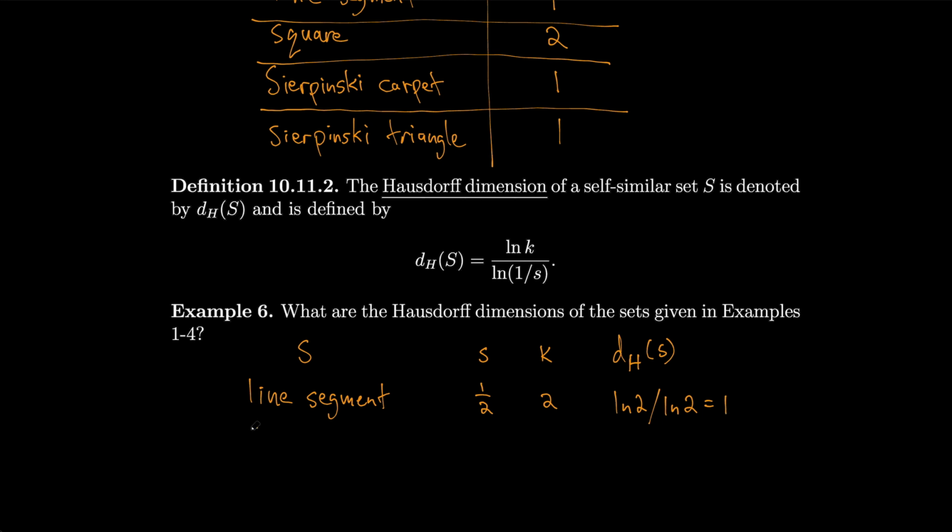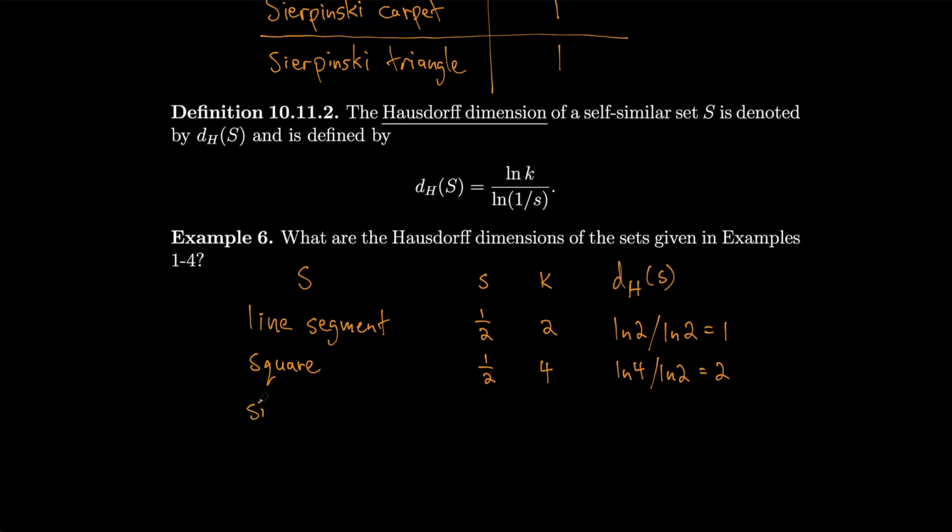Okay, how about for the square? Well, then we had s equal to half again, but this time k was 4. We had 4 squares, so that's ln 4 divided by ln 2, which is 2. How about the Sierpinski carpet? In this case, we had s equal to 1/3 and k equal to 8.